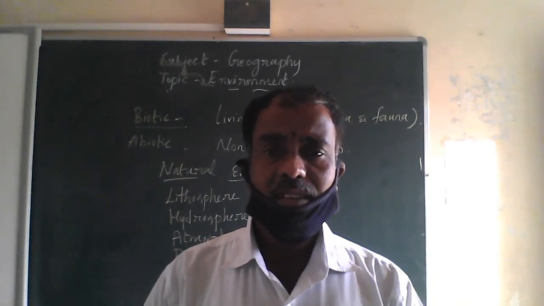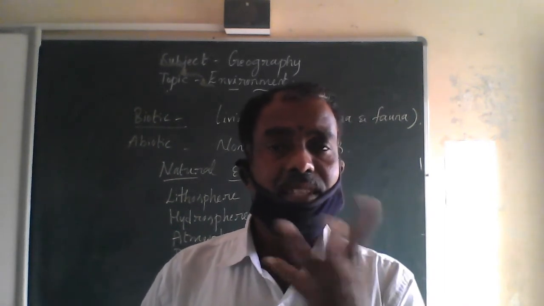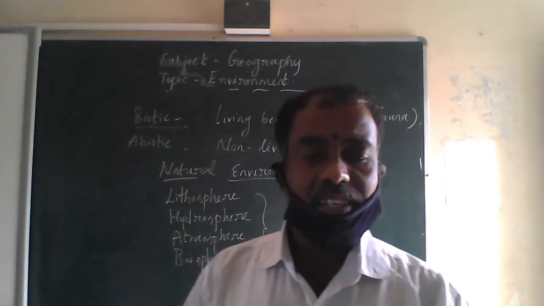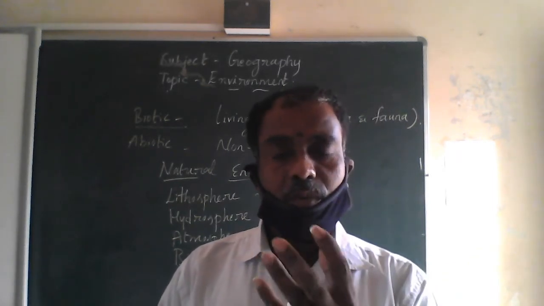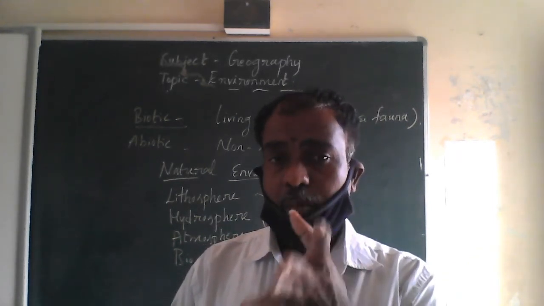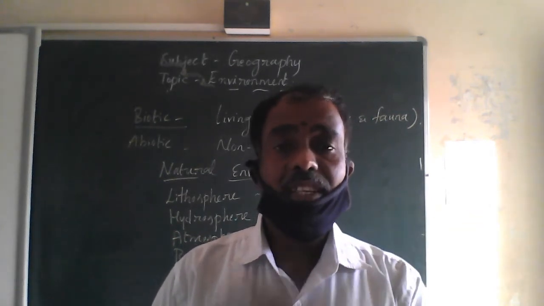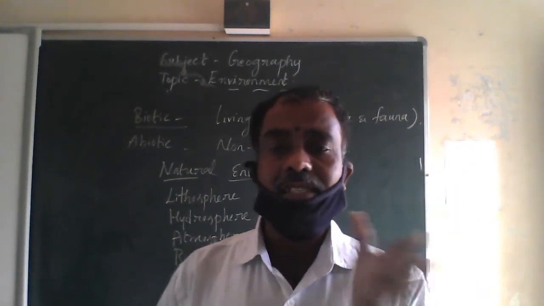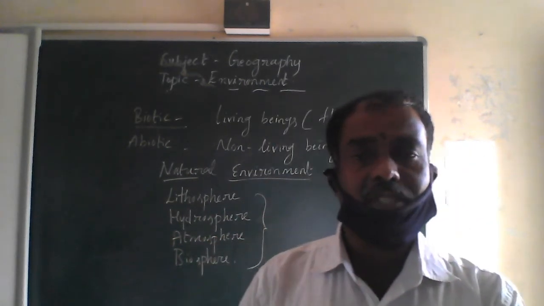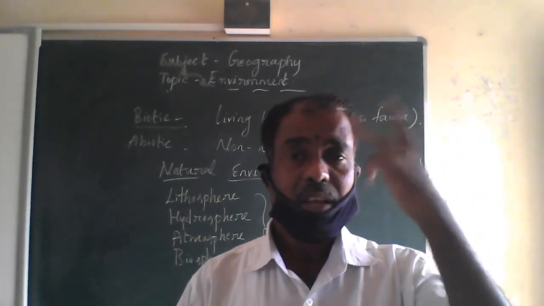What is the significance of this lithosphere? What are the contents? It is so important for all living organisms. If there is no land, no lithosphere, we cannot imagine the existence of living or non-living organisms.